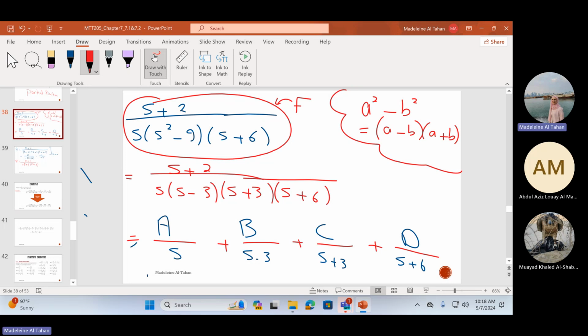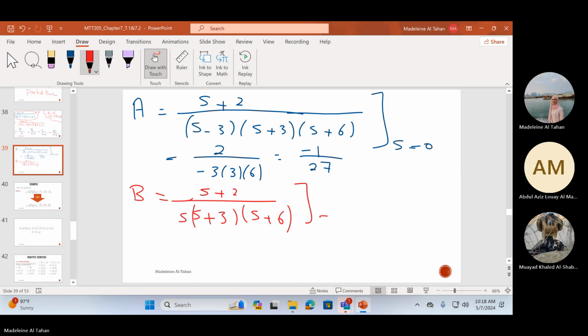So we will evaluate this one at s equal 3. What will we get now? 5 into 3, 6, and 9. Please give me the answer for this one. 9 times 18. What will we get? So we got B equal 5 over 162.